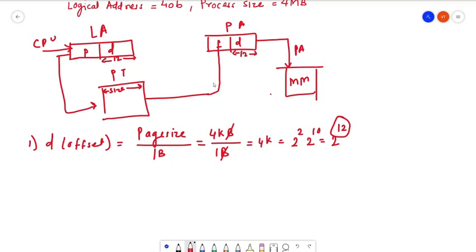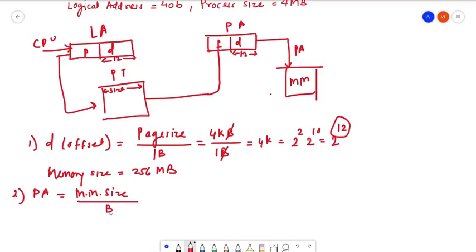Okay, now what is given? Memory size is given. Main memory size is given as 256 MB. And how do we calculate the physical address? Physical address is equal to main memory size upon byte.